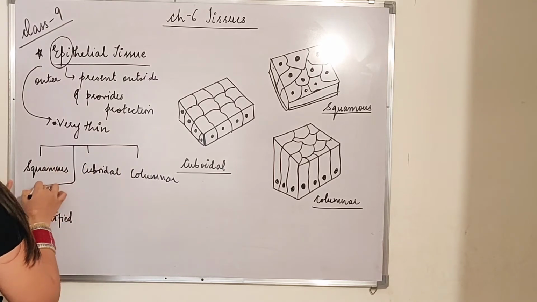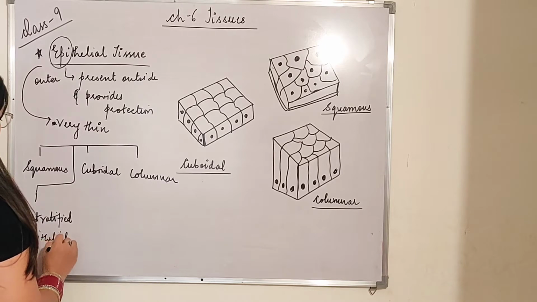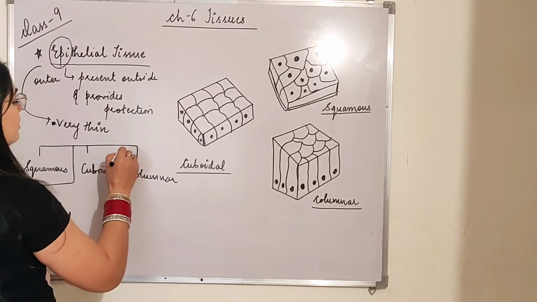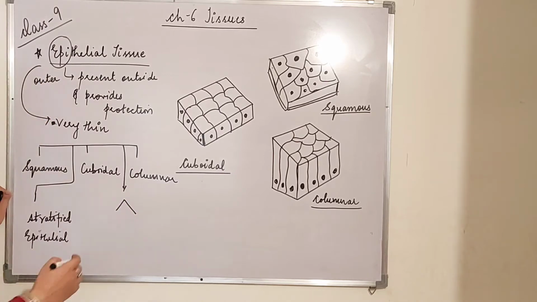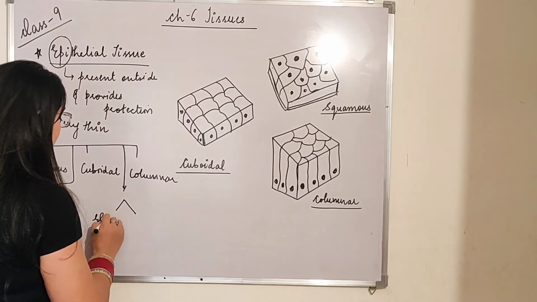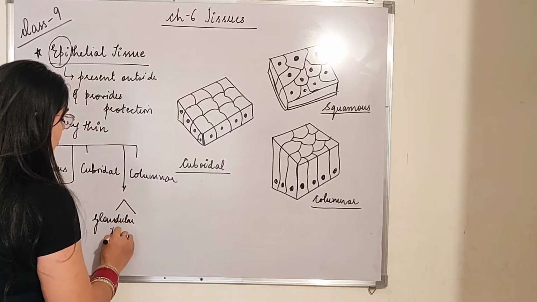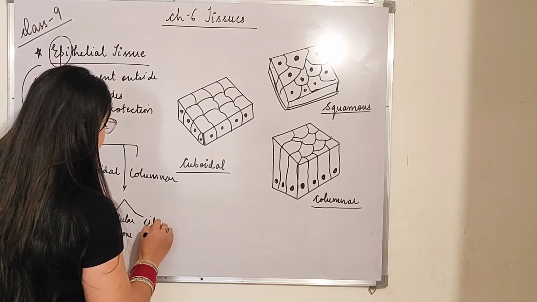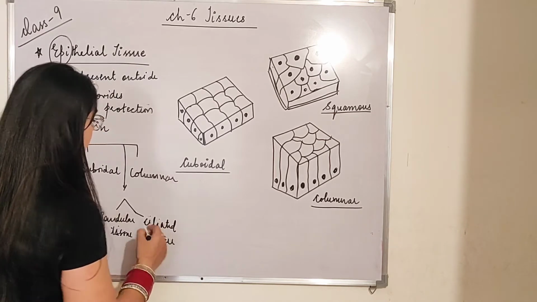This is another part. Then the last one, there are specialized tissues now. One is the glandular tissue, and the second one is ciliated tissue. This we will discuss in the last part.